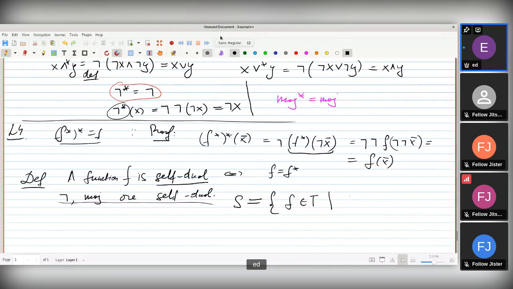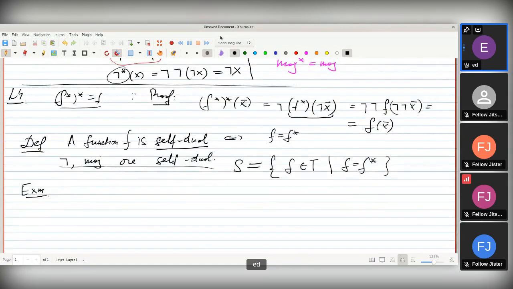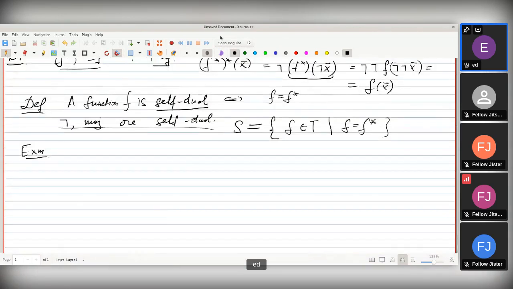And I claim that this set is closed. Our last statement for today is that the set of all self-dual functions is closed. The closure: if you have a few self-dual functions, you may obtain just a self-dual function. If you have all self-dual functions, you will obtain exactly this set.